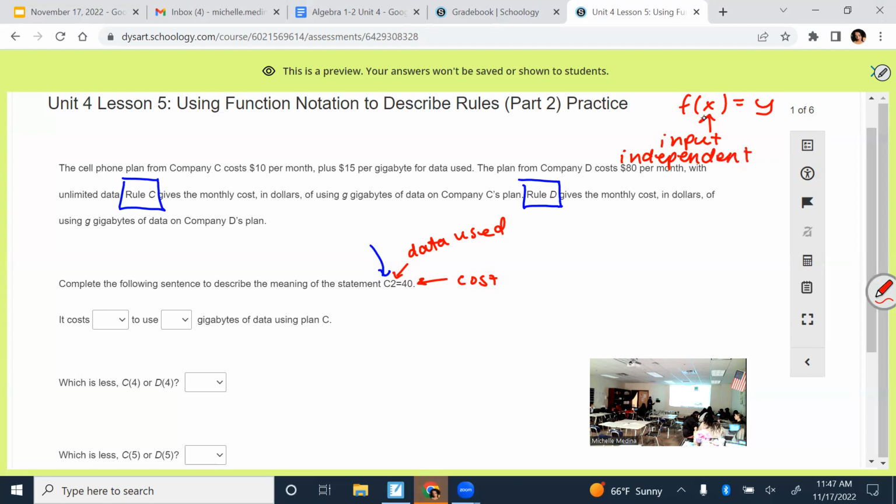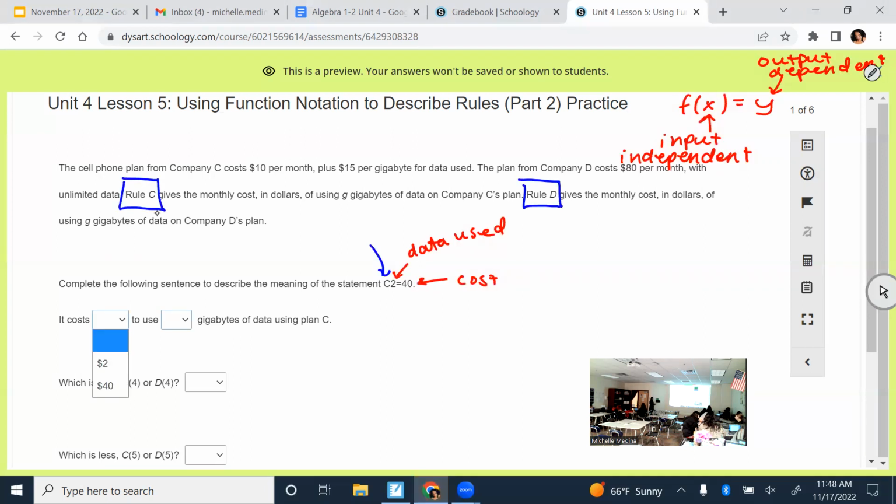So things like time is usually independent. Counting something is usually independent, which means that y is your output, and it depends on the x, so that's why it's dependent. The cost depends on how much you use, right? So that's why the cost is the output. It's not the other way around.